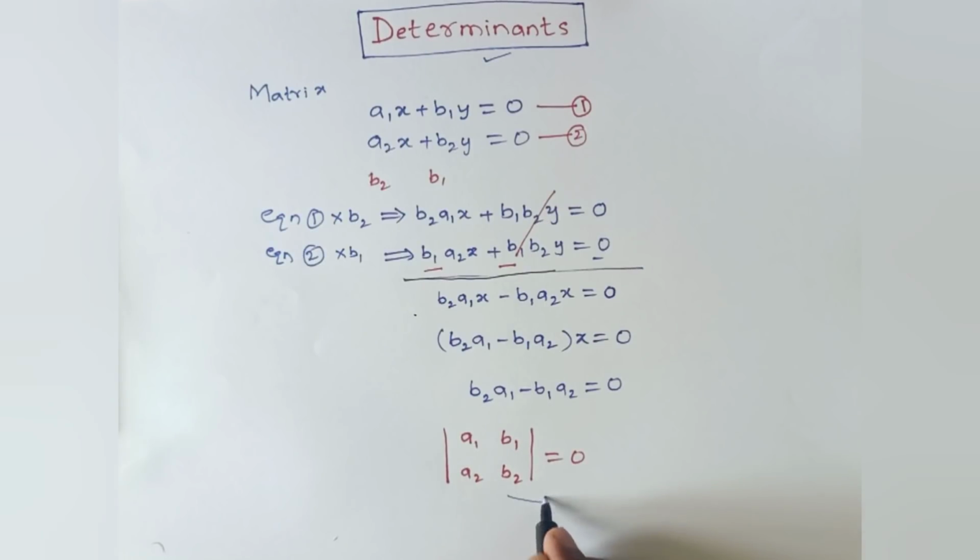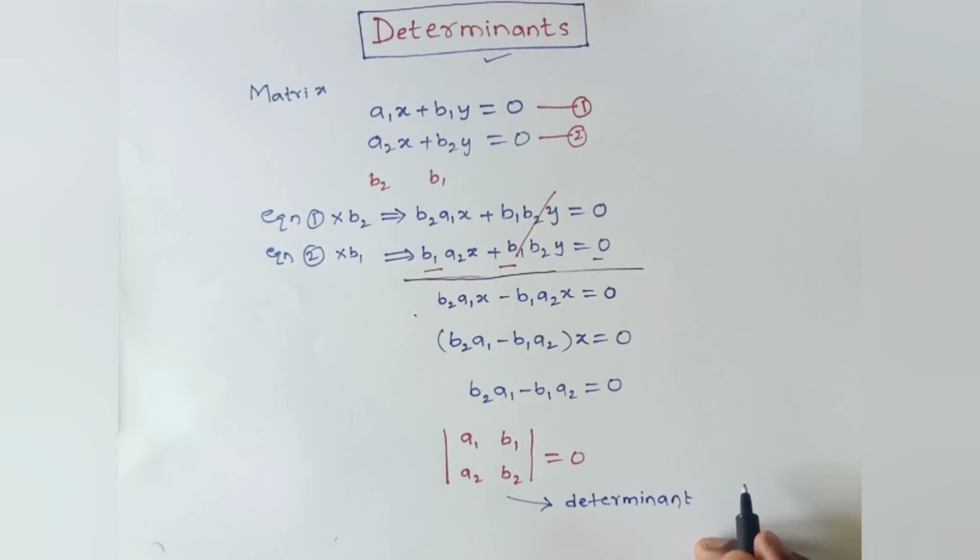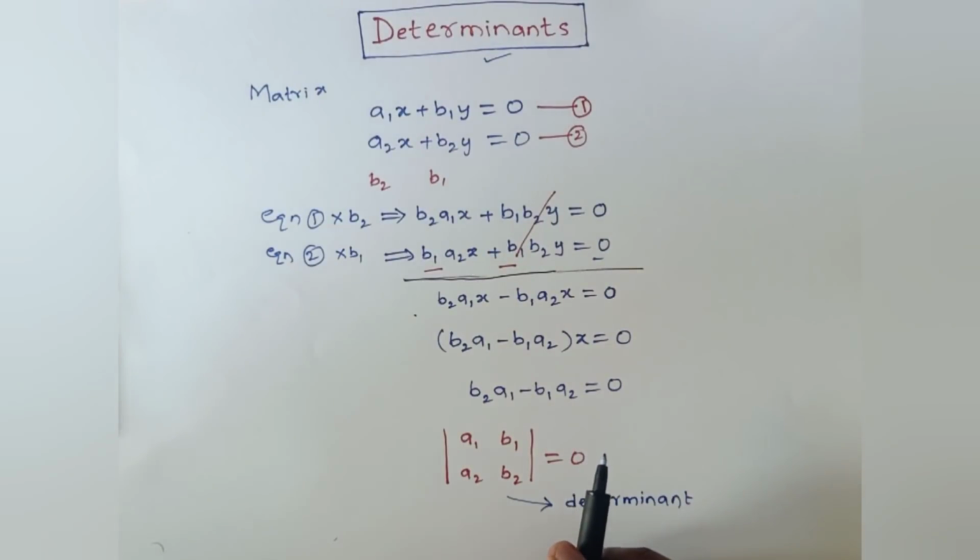This left-hand side is called the determinant, where the elements a1, b1, a2, b2 are real numbers or maybe complex numbers, like we know the entries of the matrices are either real or complex.